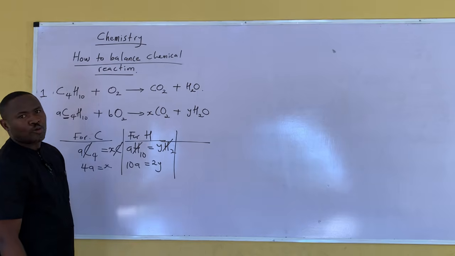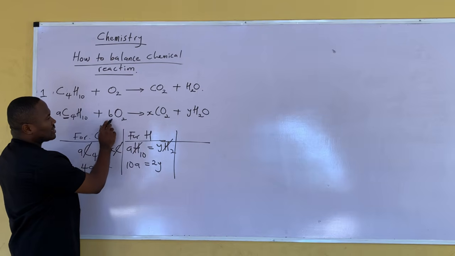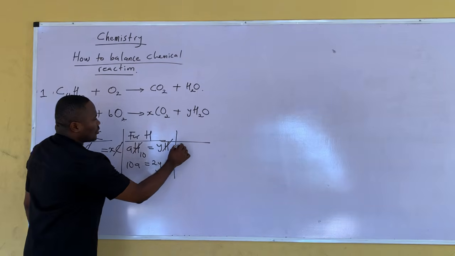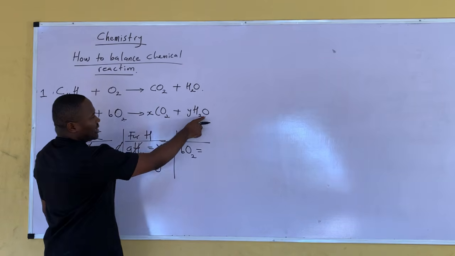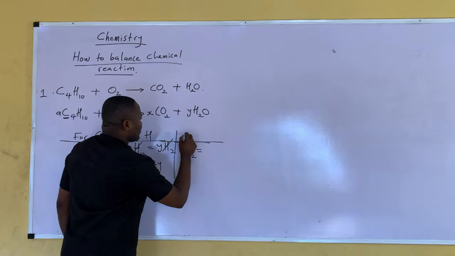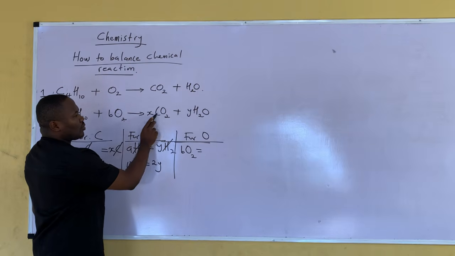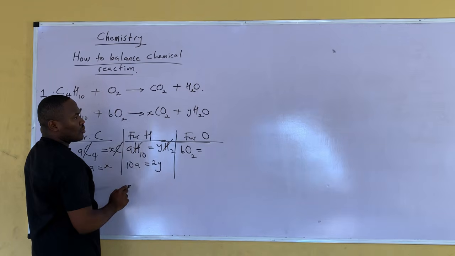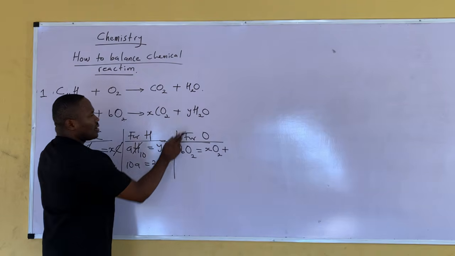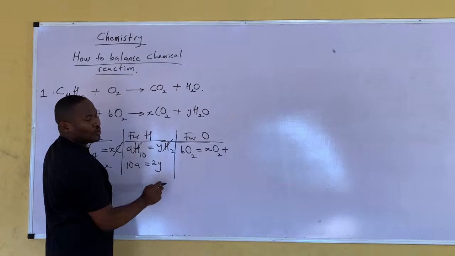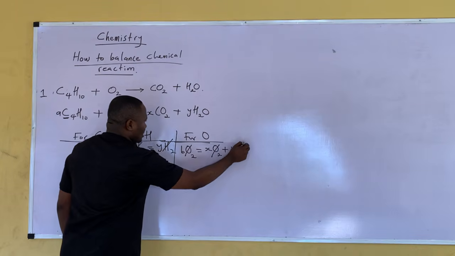Now, let's do O. O is being expressed as B O2. So I have B O2 is equal to, on this side I have it here and I have it here. X is affecting this O, and this 2 is affecting this O. So I will have it as X O2 plus Y is only affecting the O, so I have Y O. Now let this take up this.